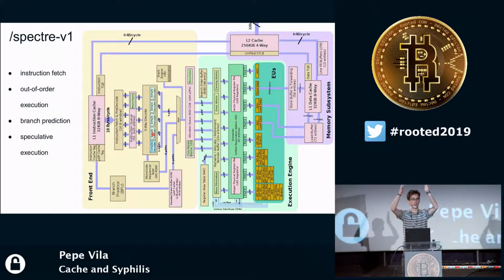But our problems are not only in instructions. We have the branches. Branches are how we implement loops, whatever. And when we have a comparison where one of the elements depends on a memory access, the CPU wants to know which path to execute.